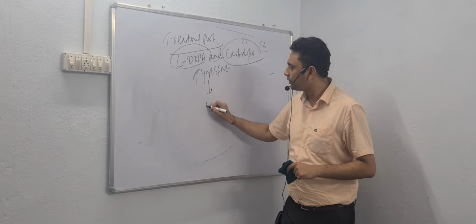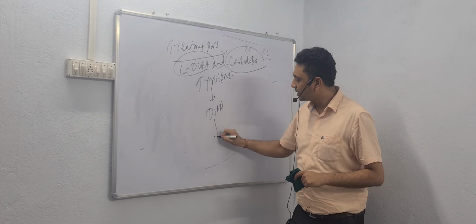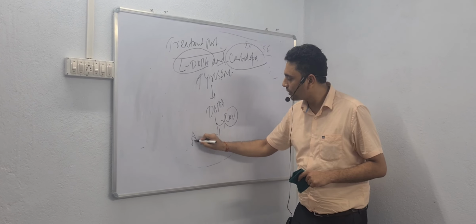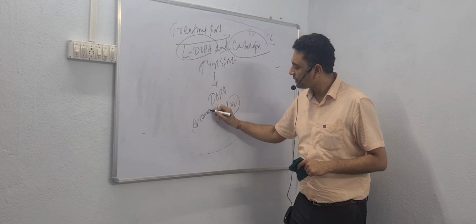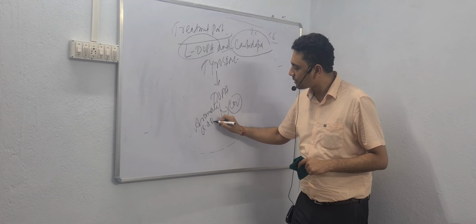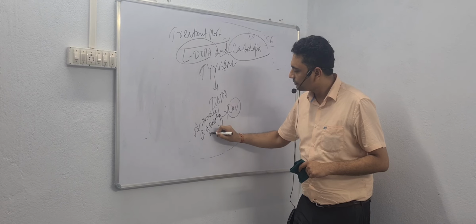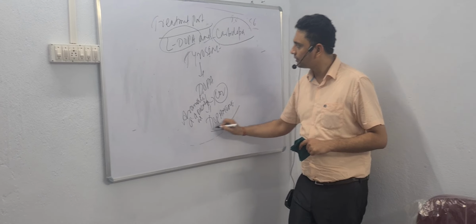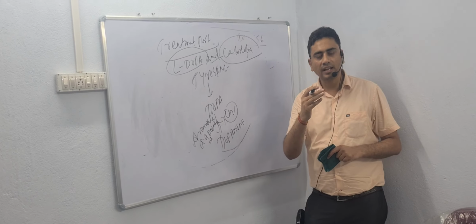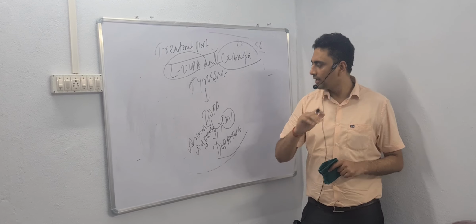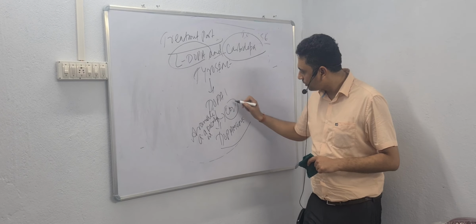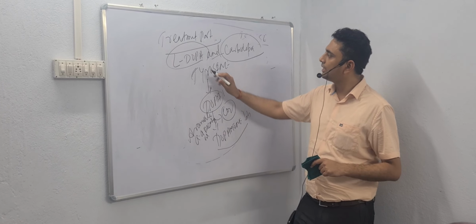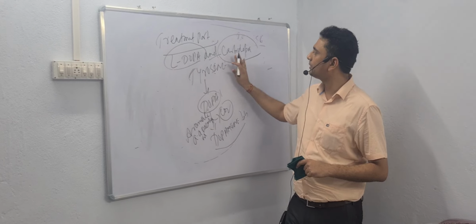Tyrosine is first converted into dopa, and dopa, with the help of a decarboxylation reaction where carbon dioxide is removed, in the presence of the enzyme aromatic amino acid decarboxylase, is converted into dopamine. Due to damage to the substantia nigra or locus ceruleus region, there is decreased synthesis of dopamine from dopa. So we give this medicine in combination, L-dopa along with carbidopa.